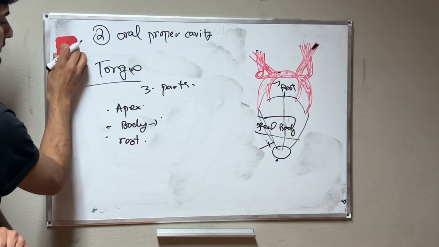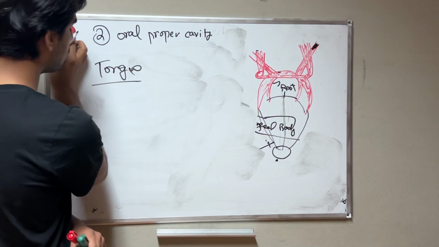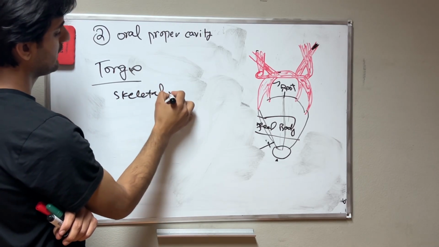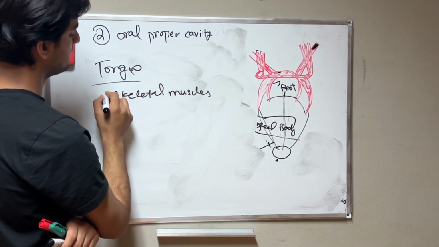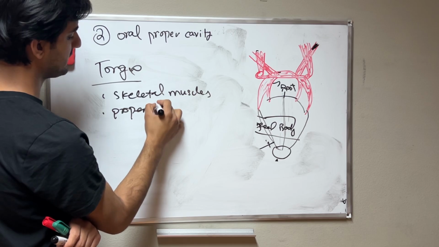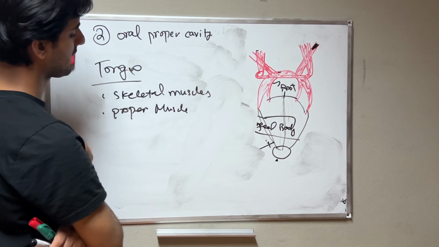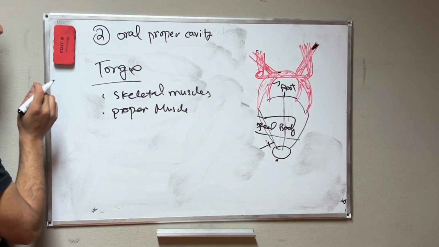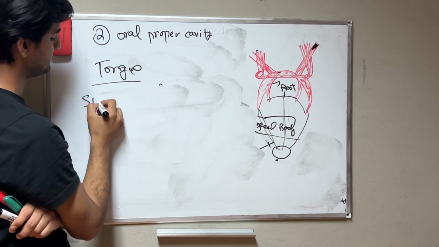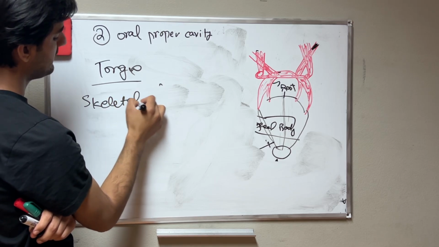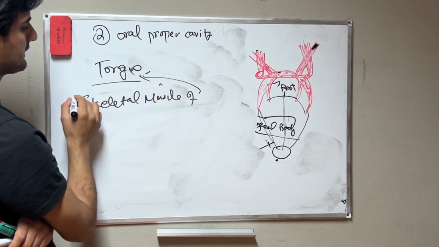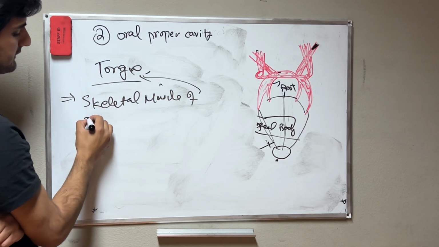Now, talking about the muscles, we have 2 types: skeletal muscles and proper muscles of the tongue. First we will discuss the skeletal muscles. We have 3 muscles in the skeletal muscle of the tongue.